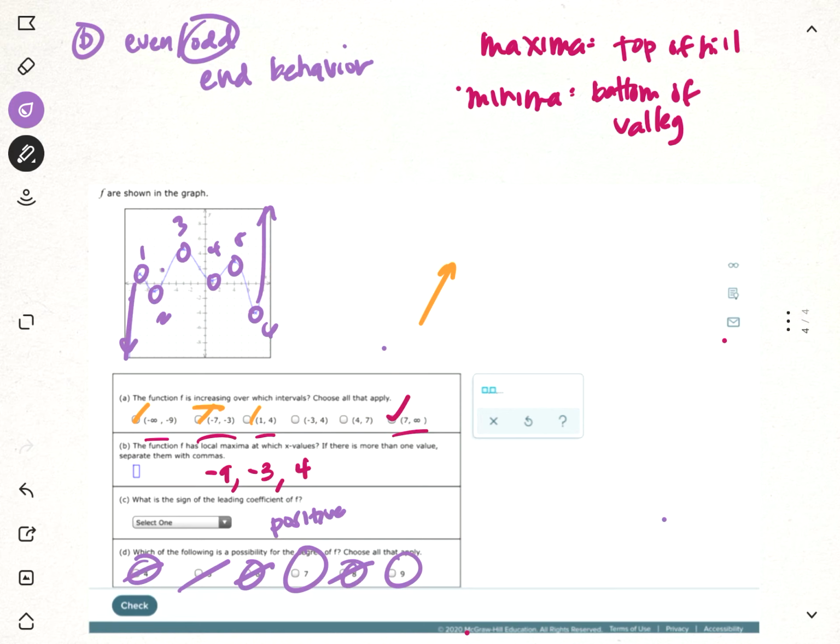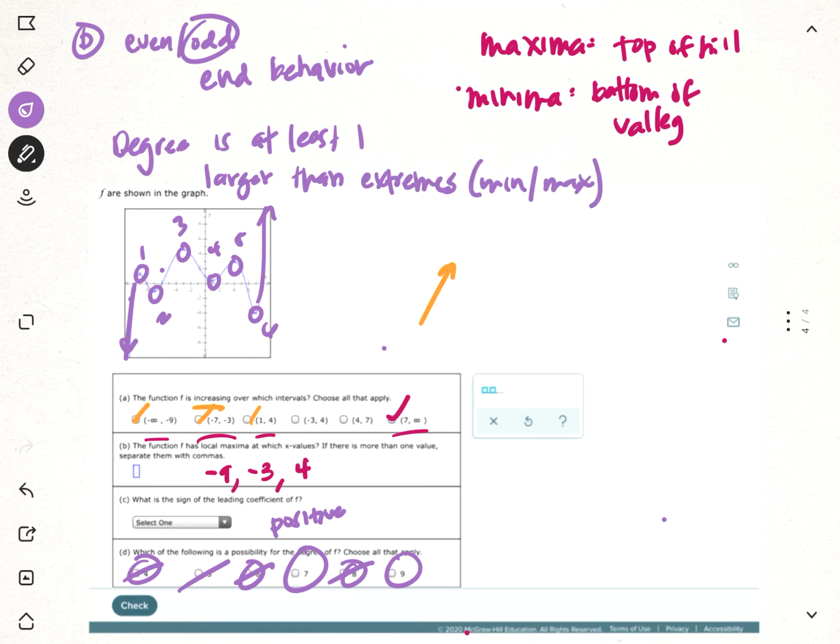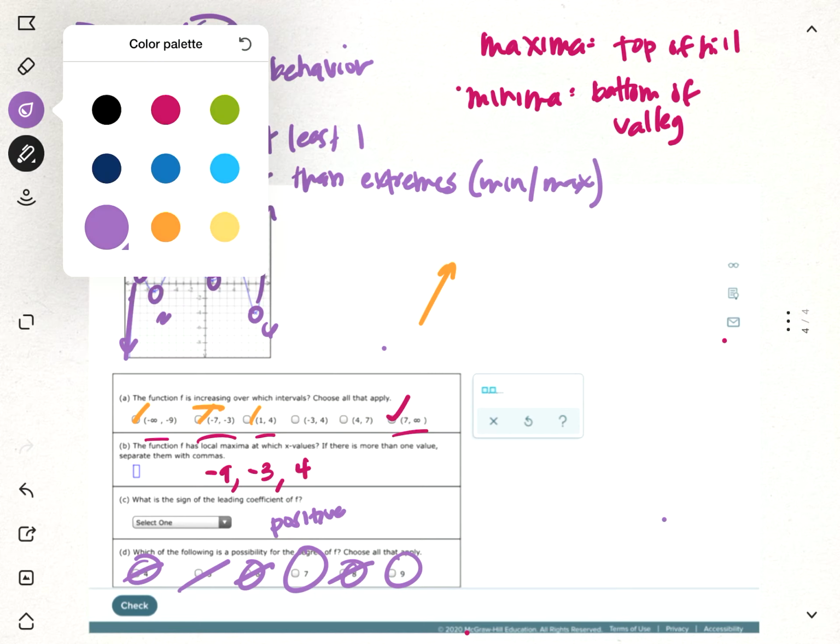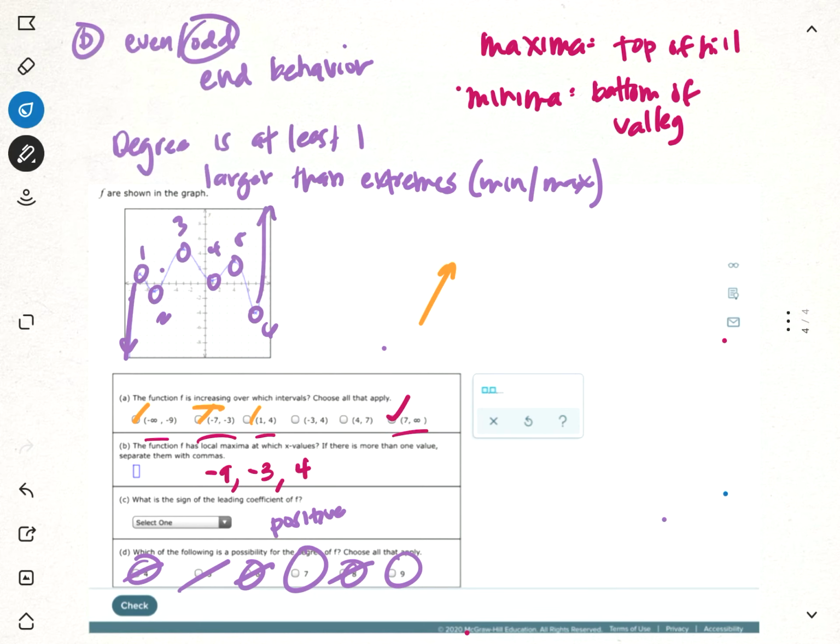And we said that the degree is at least one larger than the number of extremes, which is the mins and maxes. For those of you who are confused about that, let's say we have x to the 1. Our function is x to the 1. That's linear, so there are 0 mins or maxes.